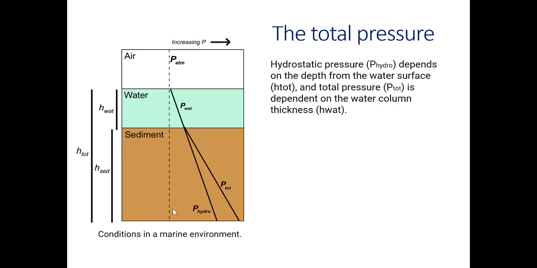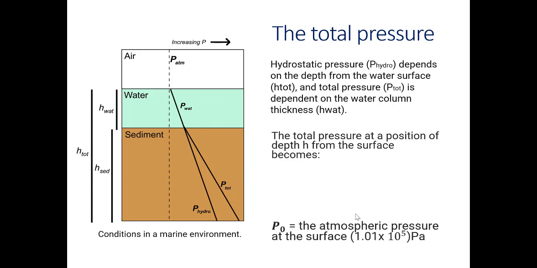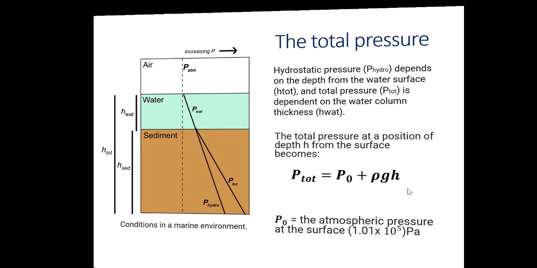That is the total pressure from water and sediment, and also from air as well. So that's why we have total pressure here. Total pressure at the position depth h from the surface becomes air pressure plus rho gh.